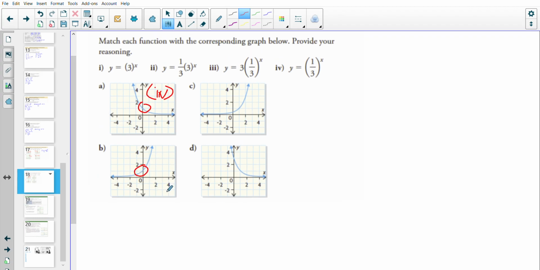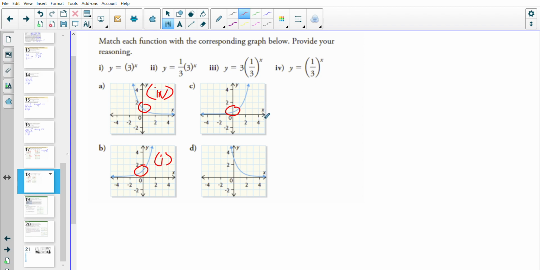So we need an a value of 1 and a whole number as our base, which is function 1.